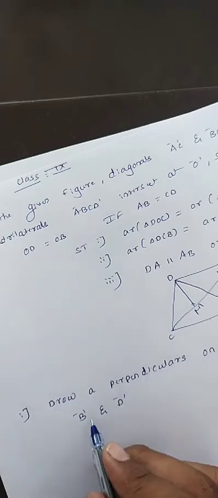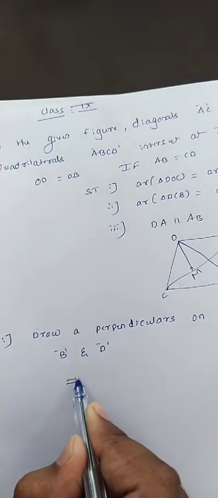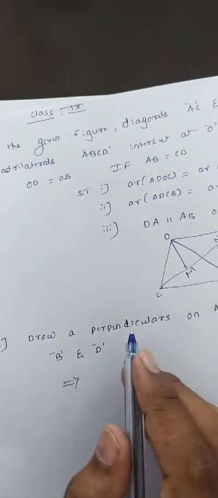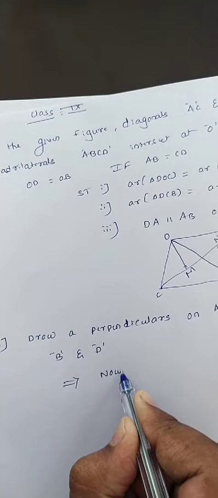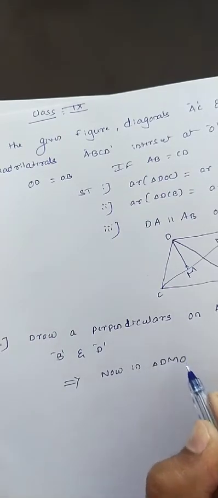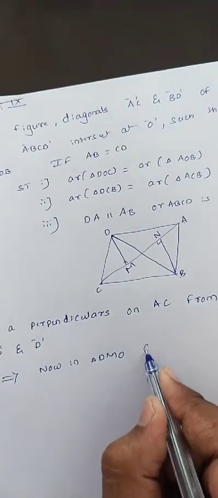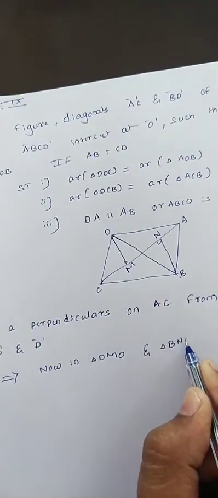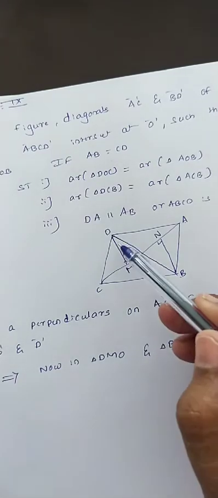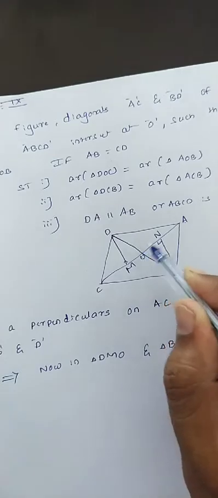Now we have to consider the triangles. Now in triangle DMO and triangle BNO. So this is triangle DMO and this is triangle BNO.